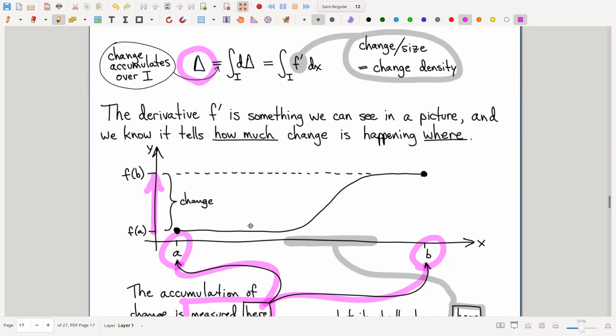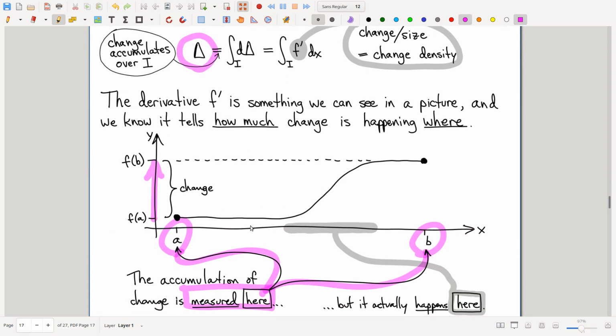Let's see, here we go. Check it out. Our accumulating quantity here, change, is computed on the boundary. But in this case, I don't think it takes any imagination at all for me to persuade you that it happened in the interior. Well, of course it did. You can see it right there. Look at the graph. You can watch the function moving along its graph, changing on these values of x in the interior, obviously.